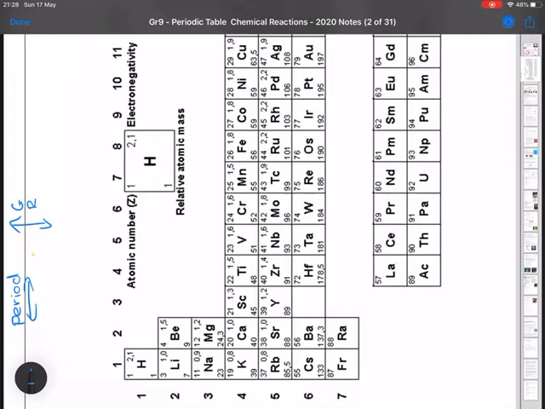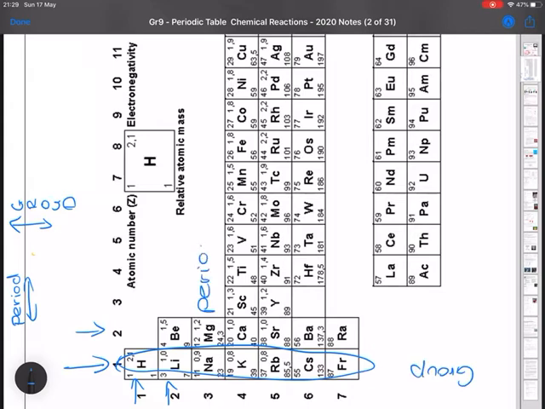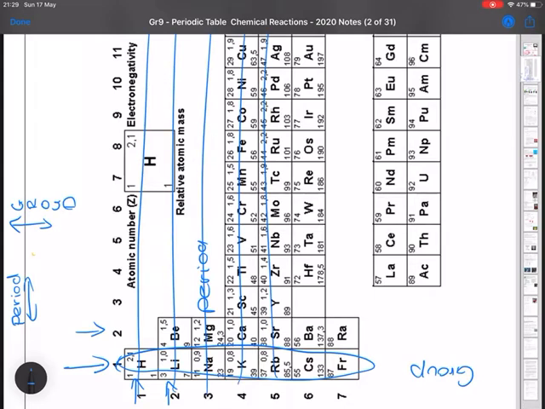So this is group 1, this is group 2. This is period 1, this is period 2. So groups go up and down, and periods go across. This is period 1 across there, this is period 2, period 3, period 4, period 5, period 6, period 7.